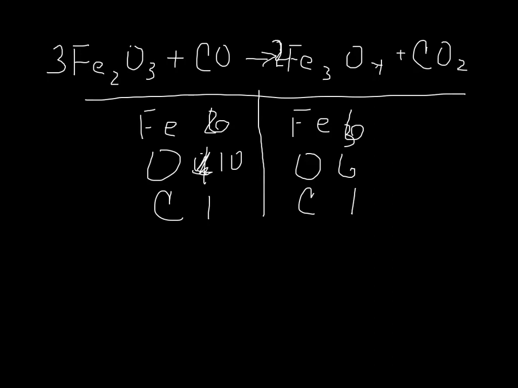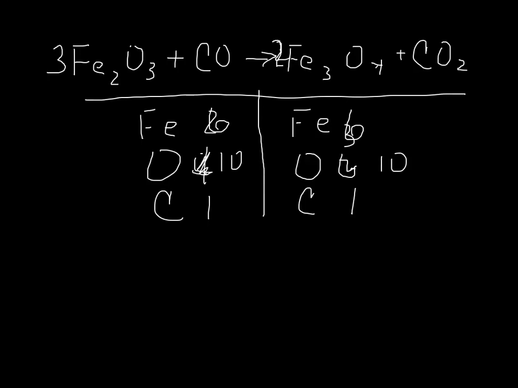We have now 2 times 4 is 8 oxygens, and another 2 would be 10 oxygens. So now we have a total of 10 oxygens, and we continue to have 1 carbon, 1 carbon. So now our equation is balanced.